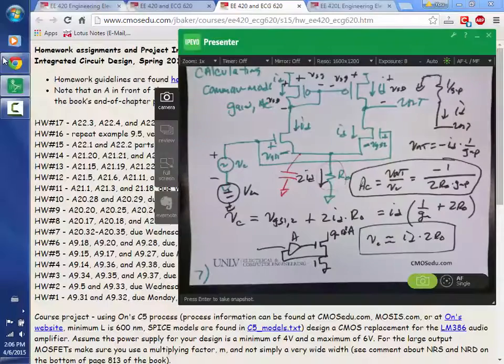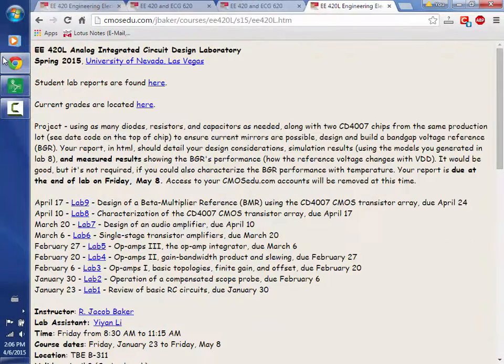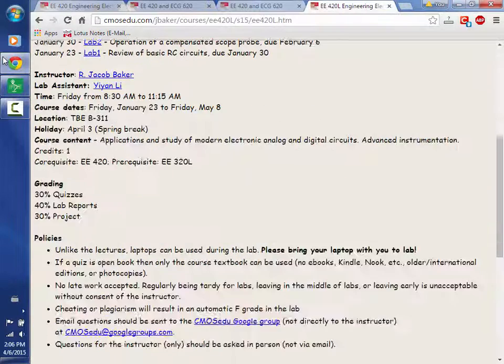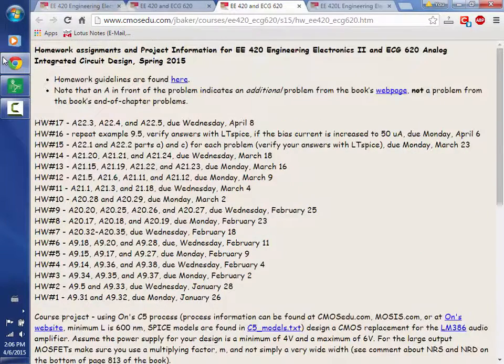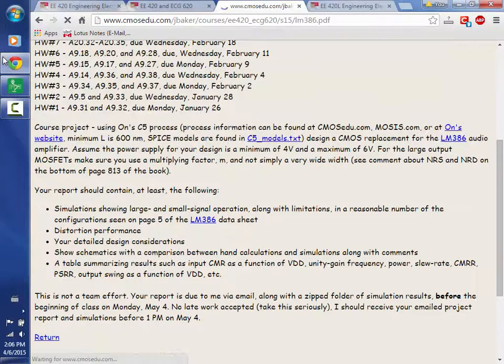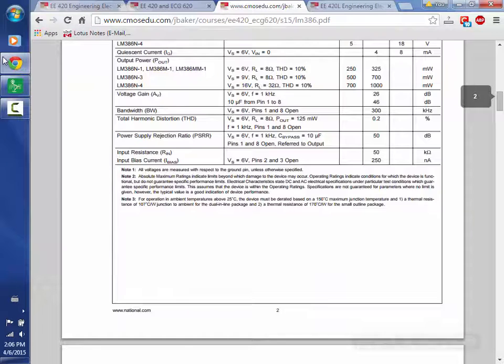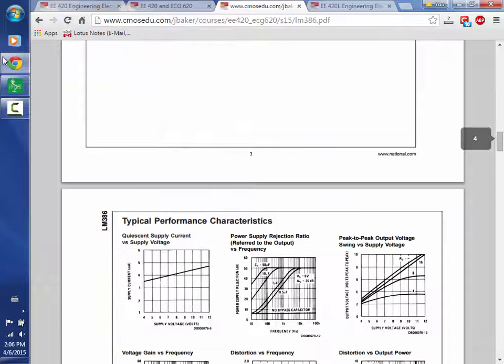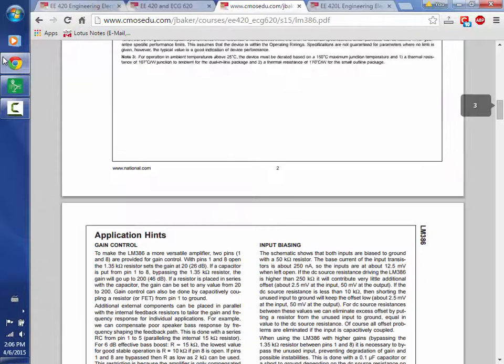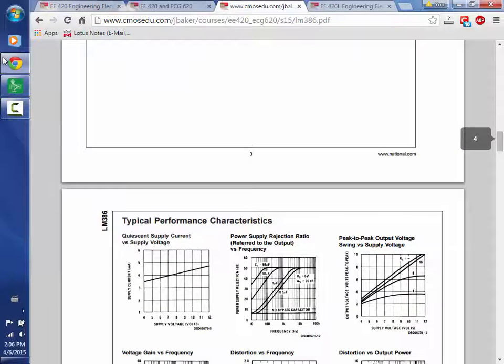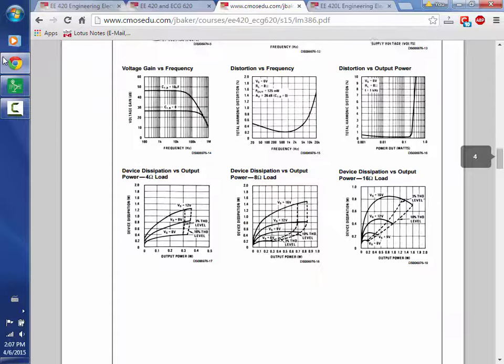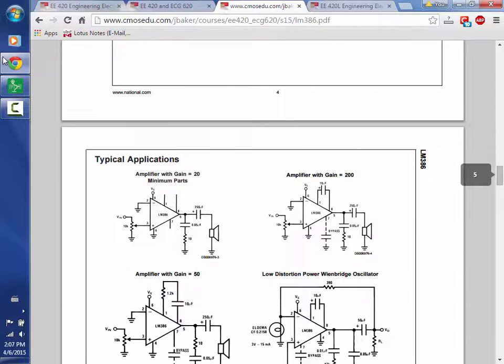So let's just pause for a moment and go look at the projects. Let's look at common mode rejection. So this is a PNP input pair. Talks about input biasing. Common mode rejection. Where's common mode?